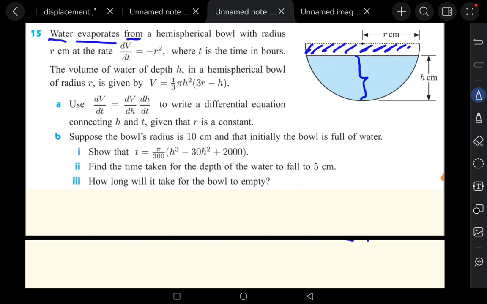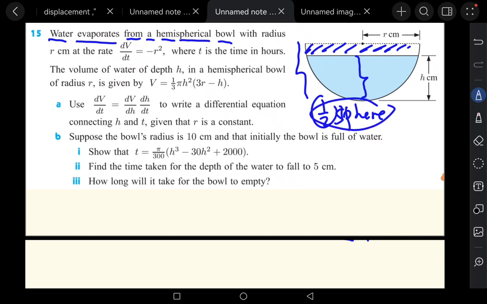So from, we know this is a half of sphere. That we call a half of sphere is a hemispherical bowl. The name of that half of sphere.